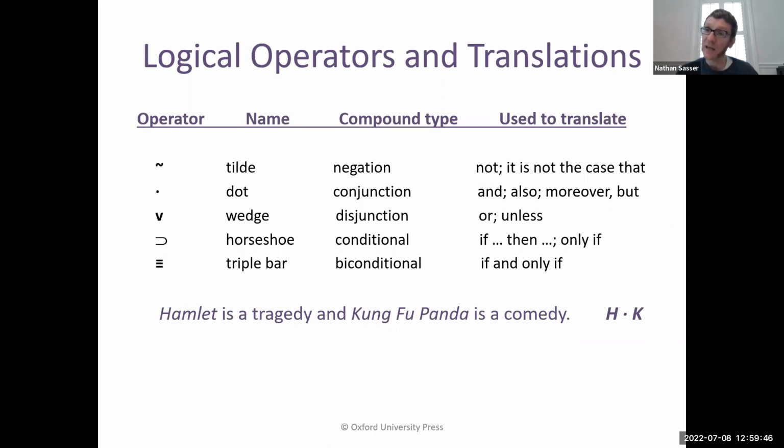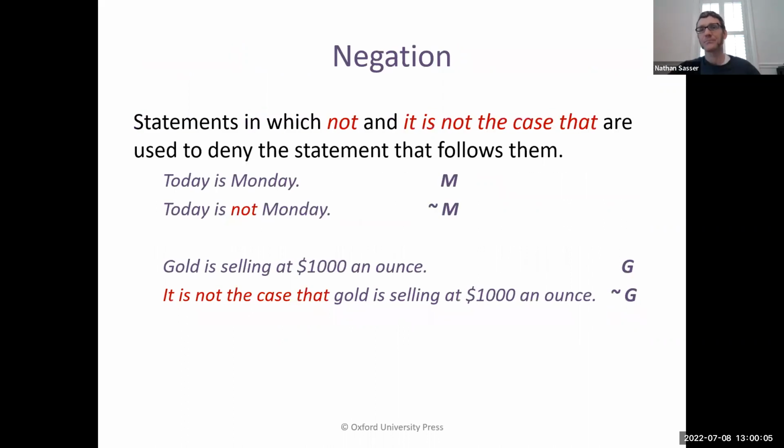So we can represent that entire compound statement by saying H dot K. That gives us the simple statements and their logical relationships to one another. We're going to do a lot more practice of how to translate sentences into this symbolism.